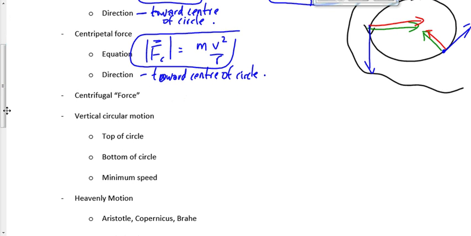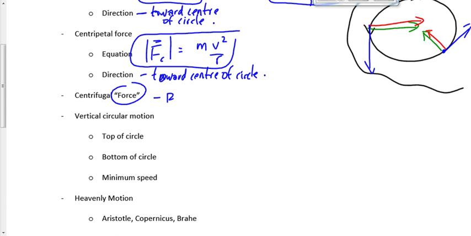Centrifugal force. And I have that "centrifugal force" in quotation marks. How come? Why did I put that in quotation marks? Because it's not really a force, right? Centrifugal force is that outward force that pushes outward from the center of the circle, but it's not really a force.